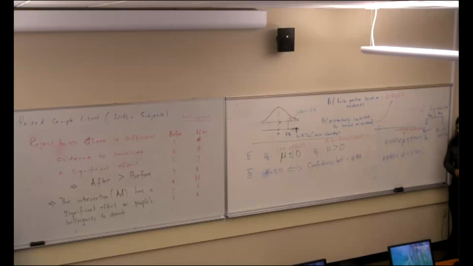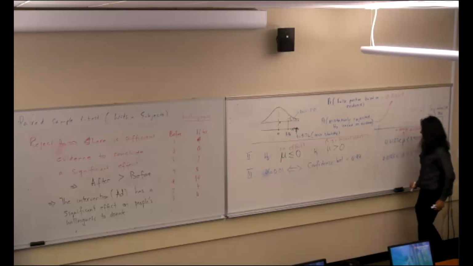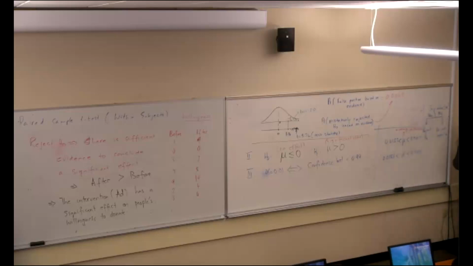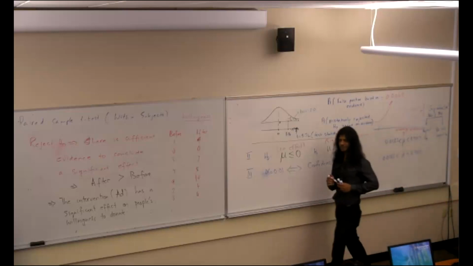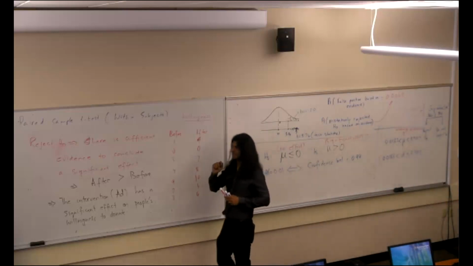That is incorrect. Can someone tell me why? All I did is change one letter from mu, I put D. Why is it wrong? That's just the definition of the data set, like the average.